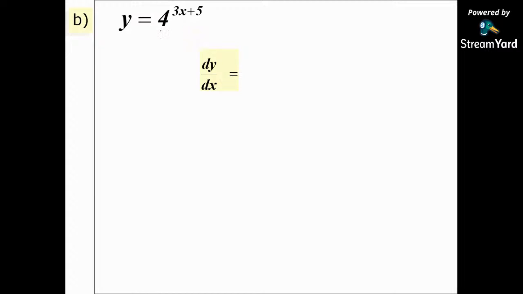Okay, so we got 4 to the power of 3x plus 5. Again, if we have to differentiate a to the power of something, it will become a to the power of something, ln of a, and then differentiate that thing. So this one will become 4 to the power of 3x plus 5, ln of the base.